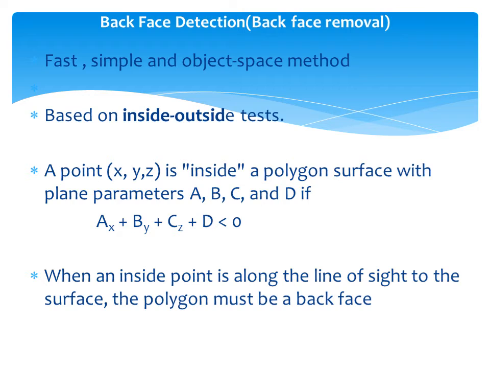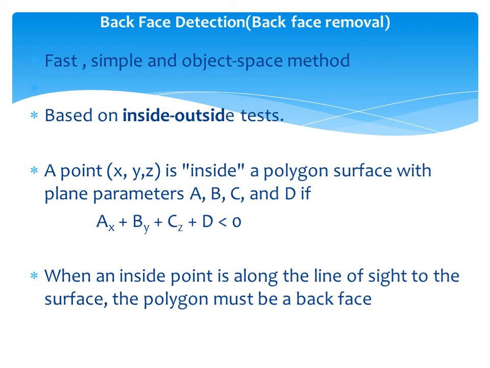It is a fast, simple object space method. It is based on the inside-outside test. In this technique, we first detect the backface of the object and then eliminate it to improve memory capacity. Only the visible portion of the object should be stored in memory.